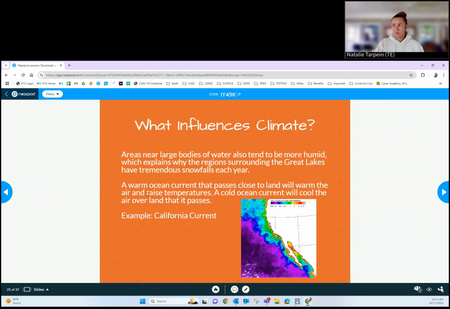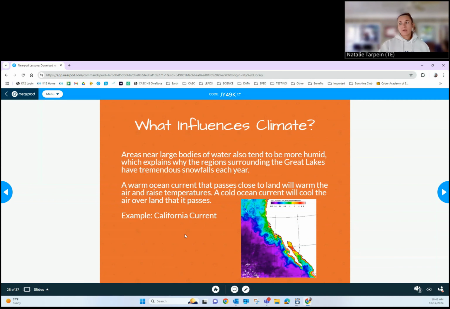And then same thing with the Gulf Stream, like we talked about, a warm ocean current that goes near the land will warm the air temperatures as well. And then the opposite, a cold ocean current that goes near the land will cool the air over the land. So we talked about the Gulf Stream warming the air on the east coast of the U.S. and taking some of that solar radiation north.